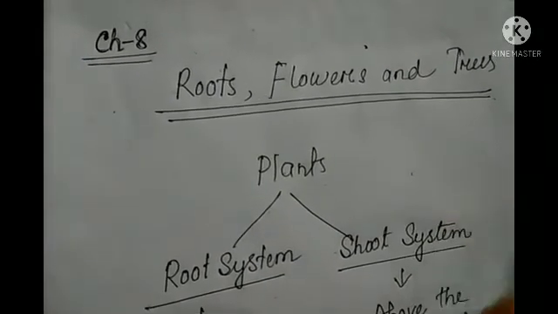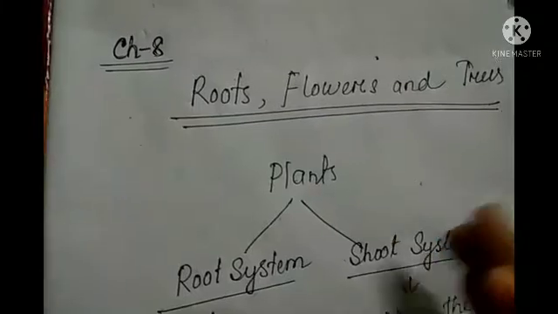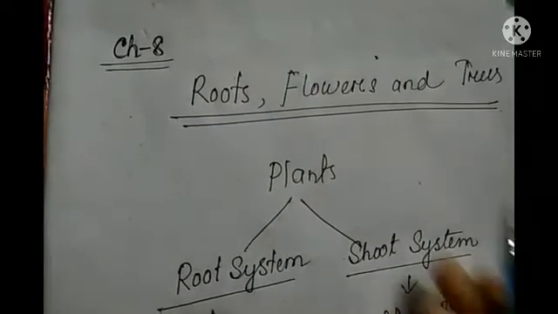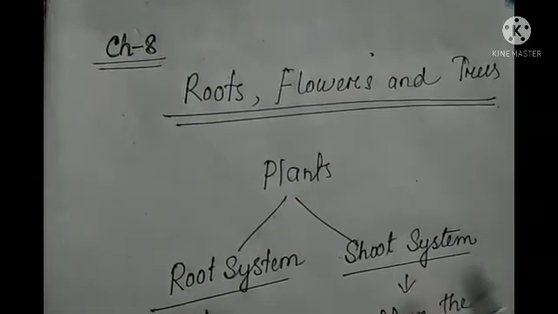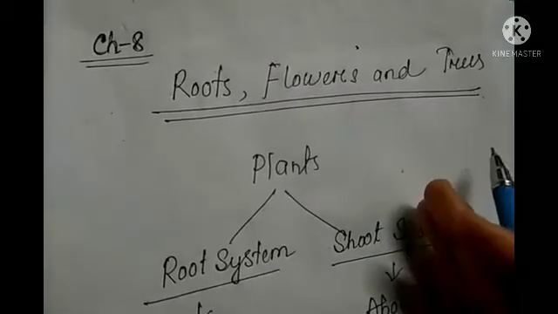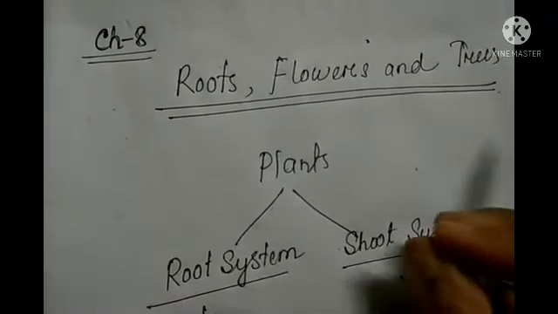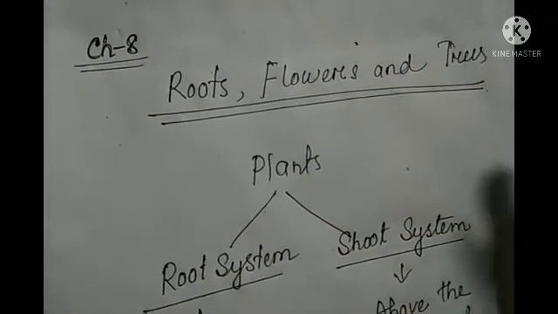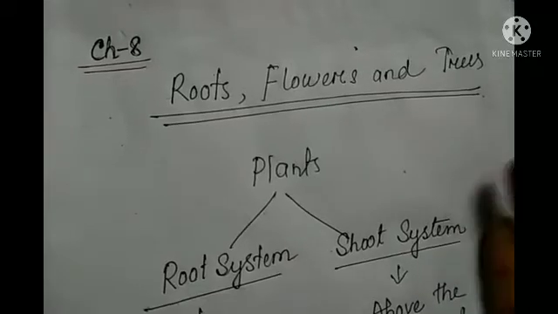of flowers, roots and fruits in the immediate surrounding. Immediate surrounding means in our surrounding, like around us, like your home. Around your home you can observe whatever plants are growing.